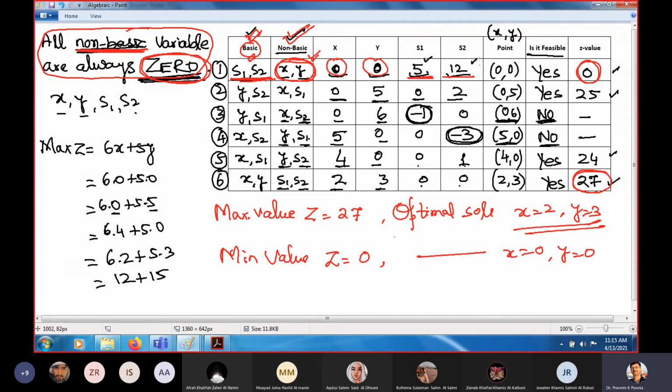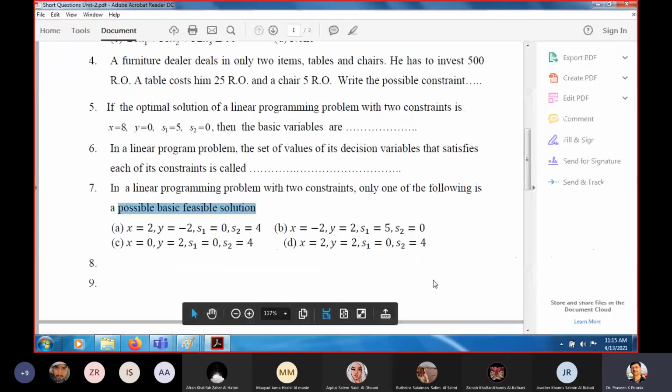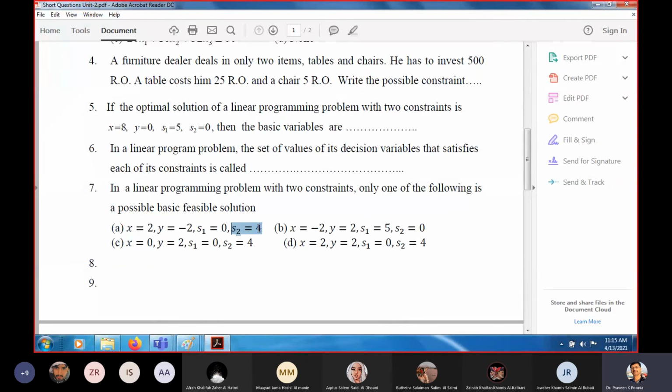So if two basic variables and two non-basic variables are there, that means 2 will be 0 and 2 will be non-zero. Now see here, x 2, y minus 2 and s2 4. 1, 2, 3, 3 non-zero, only 1 zero.